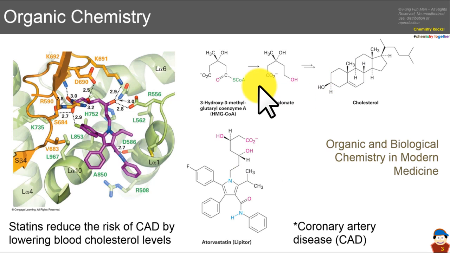So the metabolic conversion of HMG-CoA to mevalonate is a crucial step in the body's pathway for biosynthesizing cholesterol, and the X-ray crystal structure of the active site in the HMG-CoA reductase enzyme that catalyzes the reaction is shown alongside the molecule of the Lipitor that's bound to the active site, and stops the enzyme from functioning. So with the enzyme being inactivated, cholesterol biosynthesis is prevented.